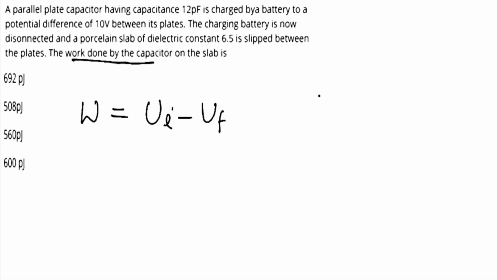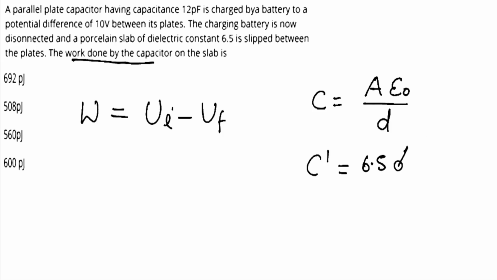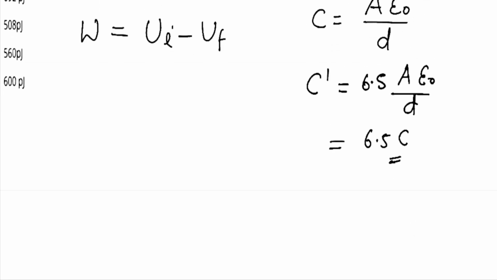Also in this case the capacitance is C equal to A epsilon naught by d, but when we insert the slab, the capacitance changes to C dash, that is K times, that is 6.5 times A epsilon naught by d, and we can write this as 6.5 times C.